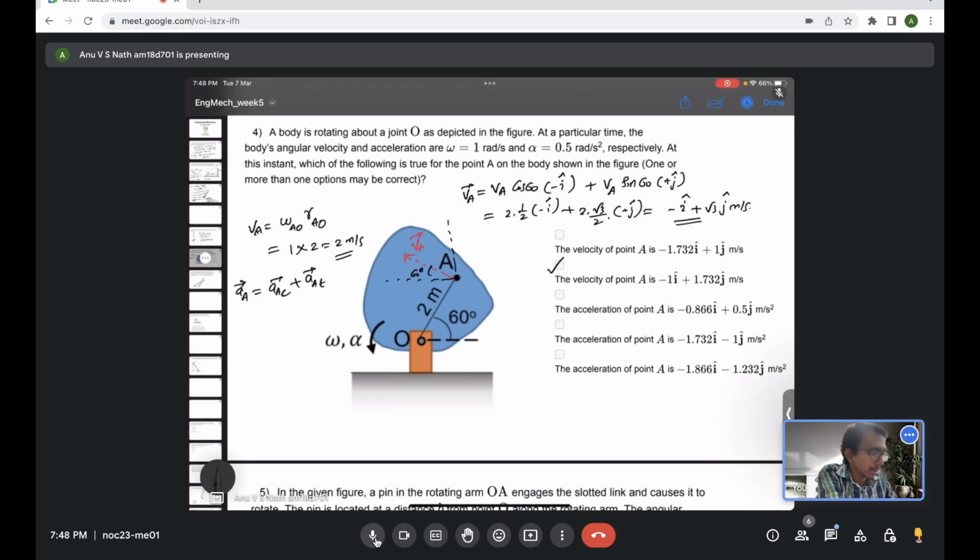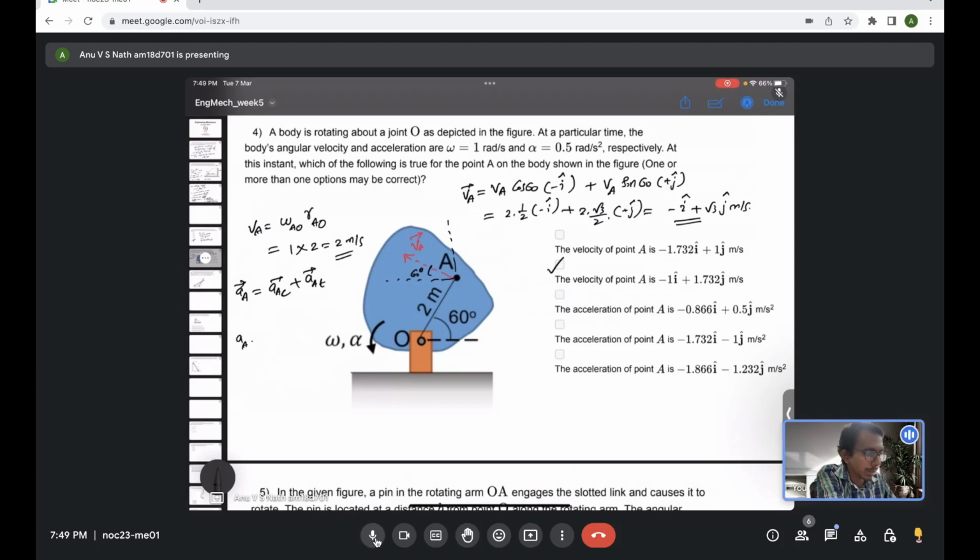Now we have to find the resultant of both. First we will evaluate their magnitude, and then we will see their direction. Accordingly we will add up both and finally get the net acceleration of point A.